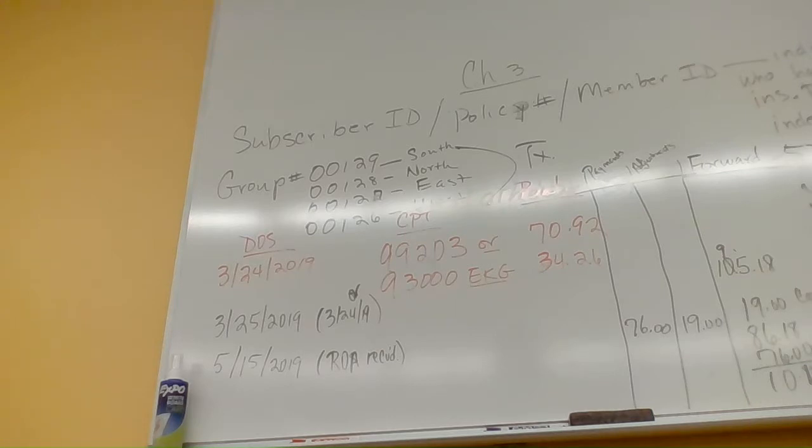Subtract 19 from this. 19 from 105.18. It leaves 86. So right here, 86. And then the leftover is what the patient owes. Right here, 86. And then you're gonna subtract the 76.